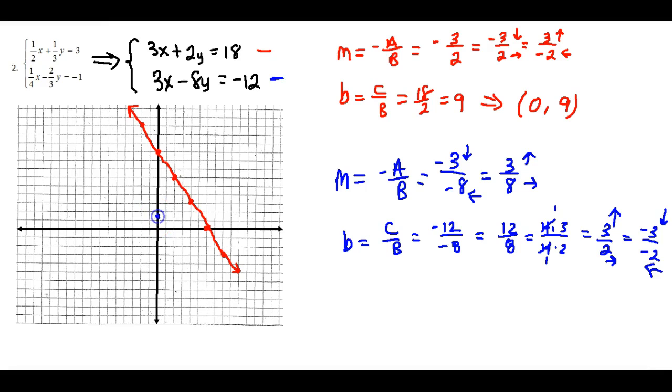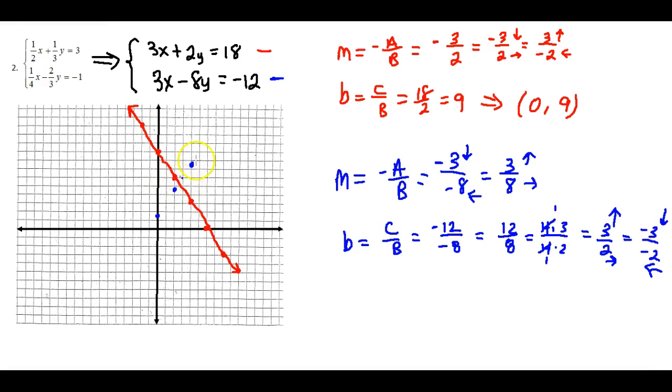And so from here, we're going to go up 3 units and to the right 2. So we'll go up 3 units, 1, 2, 3, and to the right 2. And then we'll go up 3 units again, 1, 2, 3, and to the right 2. And you can see from there, we have an idea of where this is going to cross.